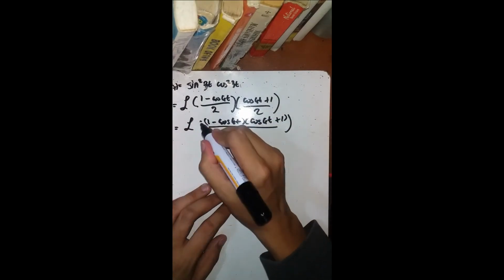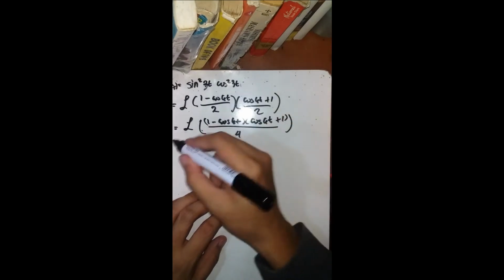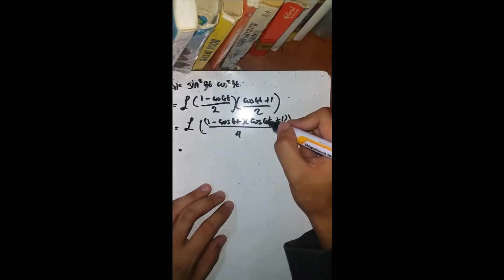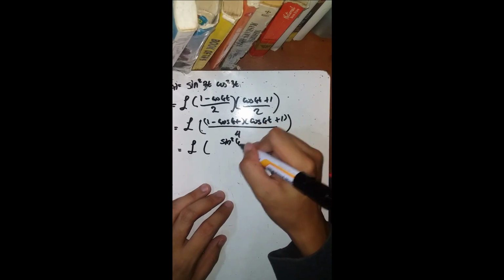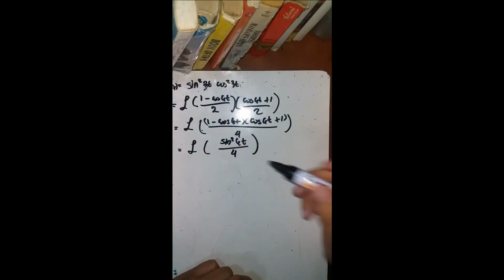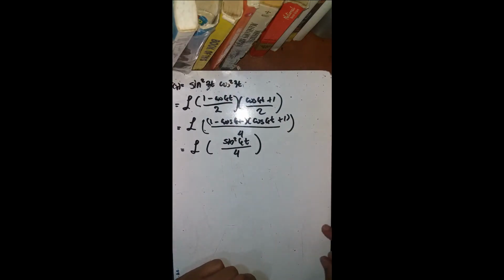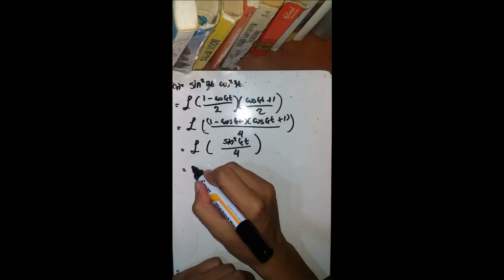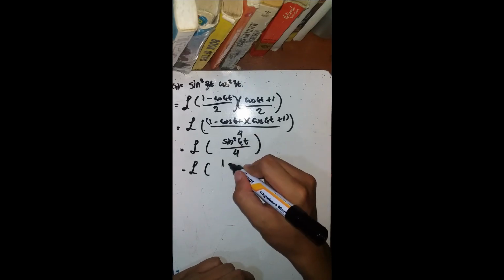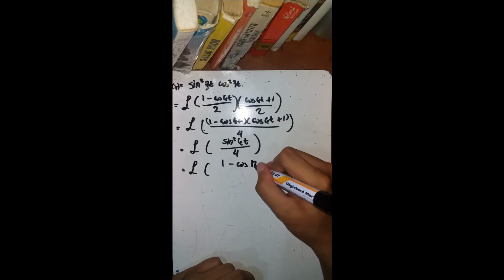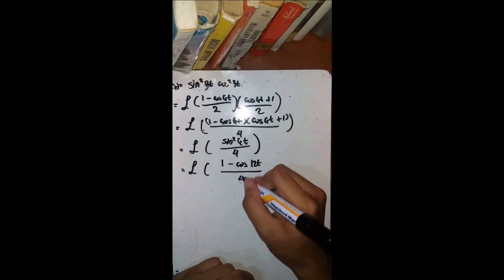Again, we simplify further. We distribute, and what really turned out is it just goes back to sine squared 6t all over 4. And basing on what we did previously, this will become 1 minus cos of 12t all over 4.